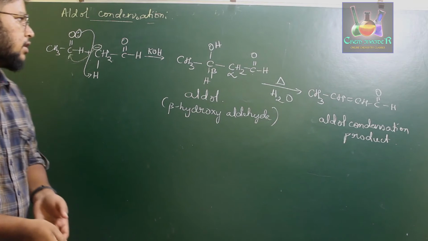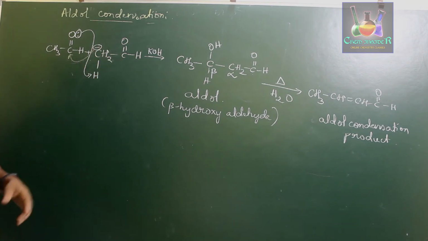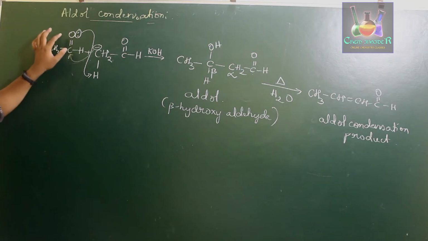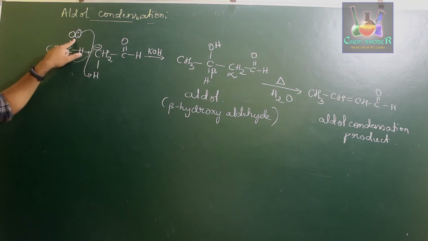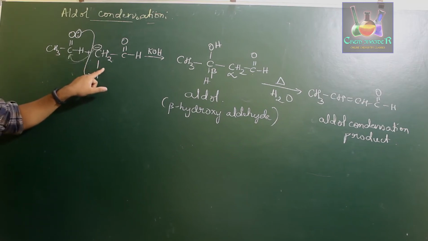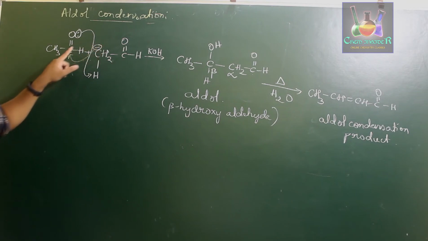Okay, so this is the reaction. So what happens here is, when you treat aldehydes with the dilute alkali, the oxygen of the carbonyl group, with its lone pair of electrons, attacks the alpha hydrogen, because this oxygen is basic in nature. Therefore, this attacks the acidic hydrogen. Once this bond is broken, this carbon will be gaining a negative charge. That negative charge will be attacking the electrophilic center of the carbonyl carbon.